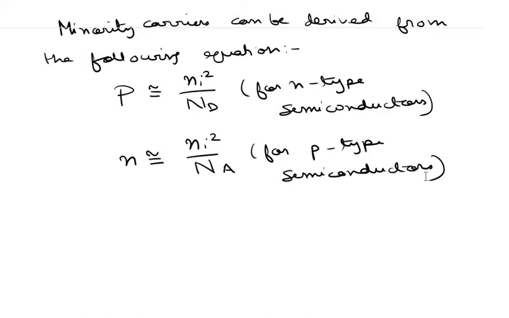So now we'll move to defining capacitance of a p-n junction. So there are two types of capacitance that affect a p-n junction.